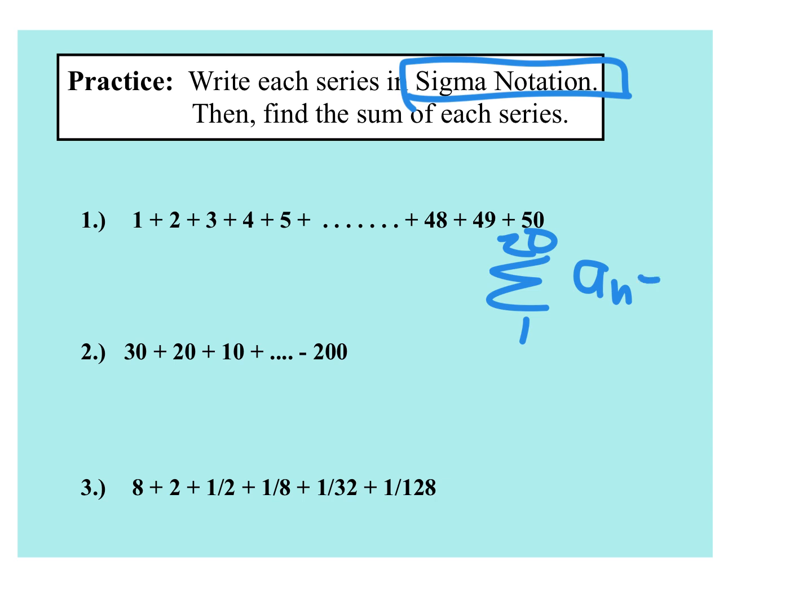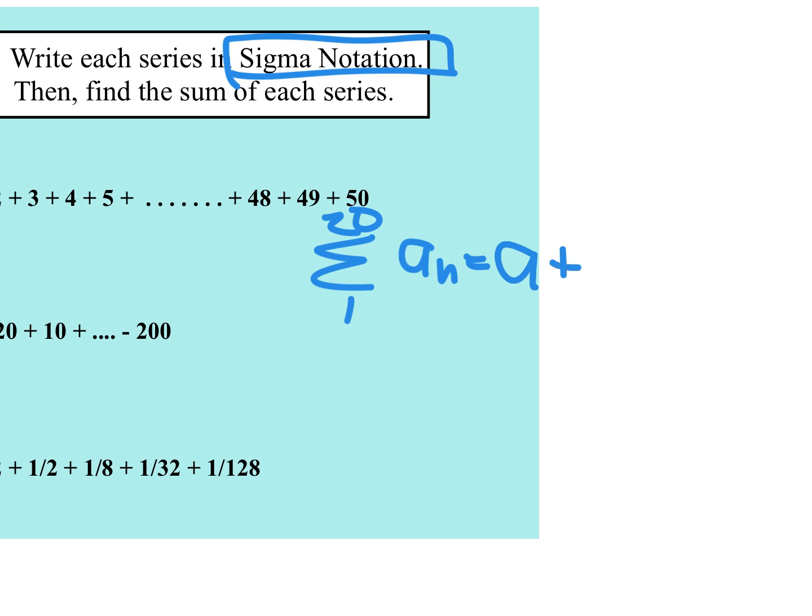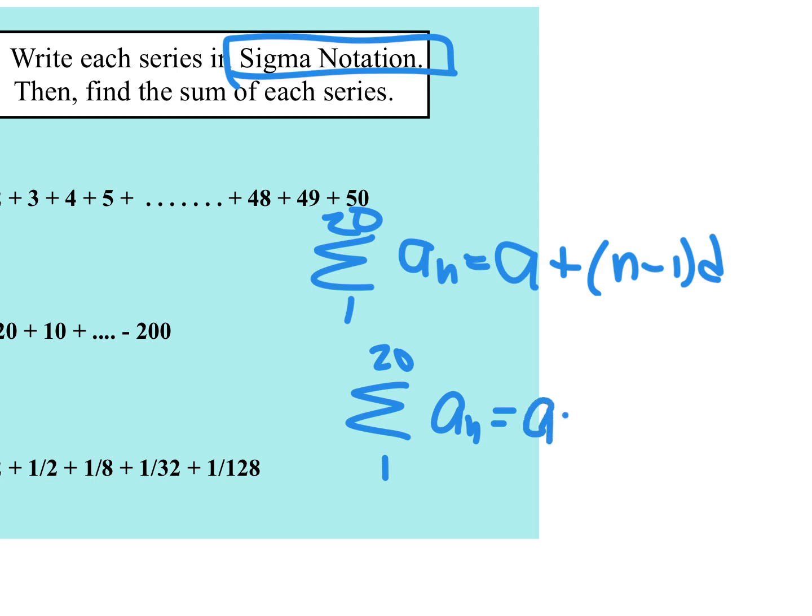And this any term, if it's adding, you should have it off the sheet: a plus n minus 1 times d. Or if it's the kind where you multiply, you have a different any term, and it's a times r to the n minus 1. One of these two will work when you're making a sigma.